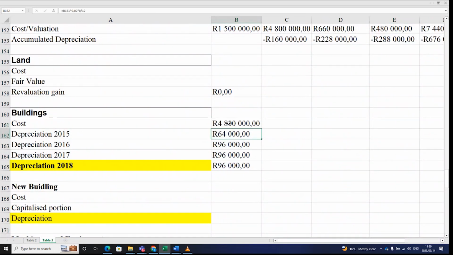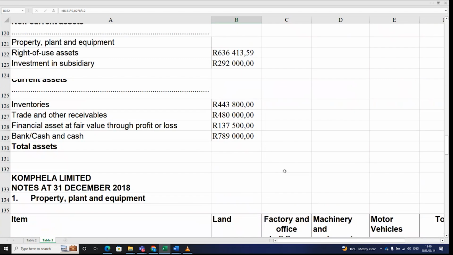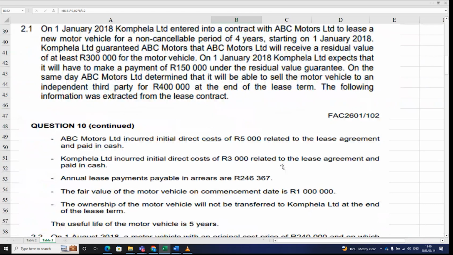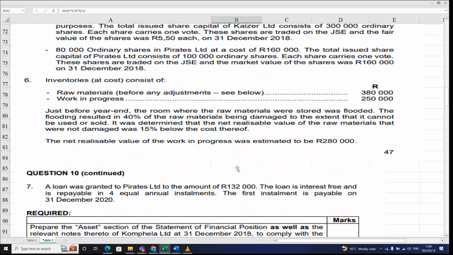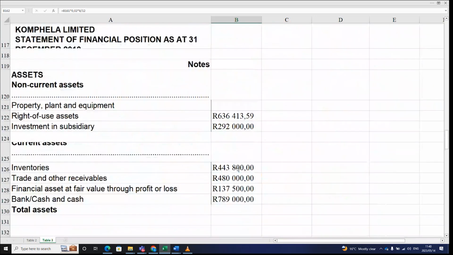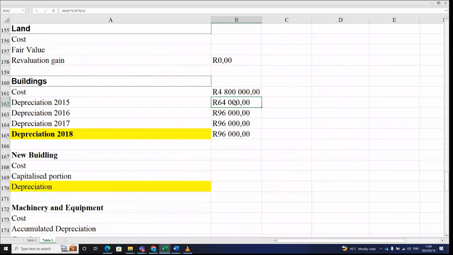Now put in the formula there, right? With the depreciation for the 2015 year when it was purchased, it was depreciated for 8 months. They completed it, or started to use it, like they say here in the question, from 1 May 2015. So May to December 2015, the depreciation there was 64,000.